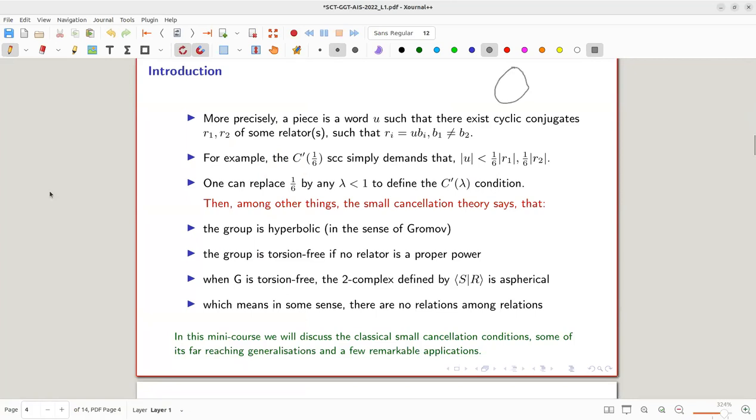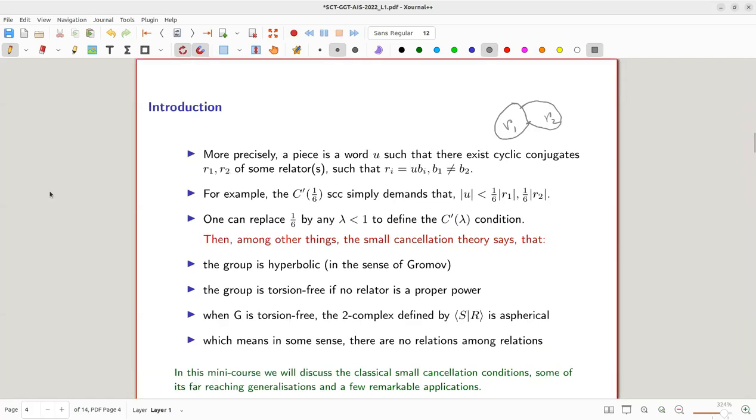Suppose this is a relator, the diagram of a relator, say R1, and this is R2, and the two diagrams, we will come to the notion of diagram and what we really mean by it. But intuitively, in the Cayley complex, we can think of these two relators giving two-dimensional disks, and these disks will overlap if they have a common subword like this. So these parts we are essentially calling a piece.